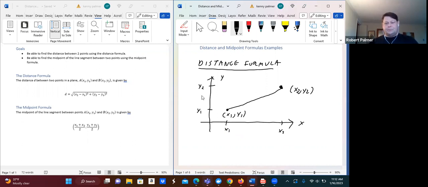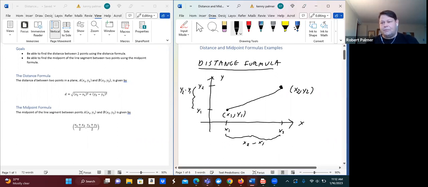Now, we're taking this distance right here between these two, and this distance is essentially x2 minus x1. For example, if this was 5 and this was 2, we know the distance between 5 and 2 is 3. It's 5 minus 2, which is 3. And in the same way, this distance over here is y2 minus y1.